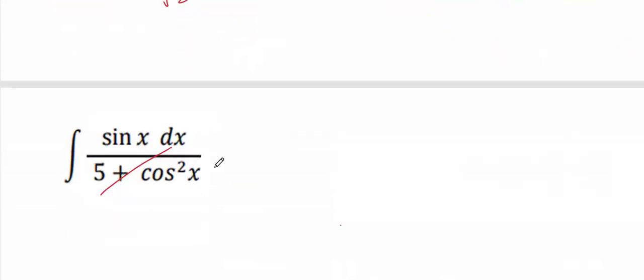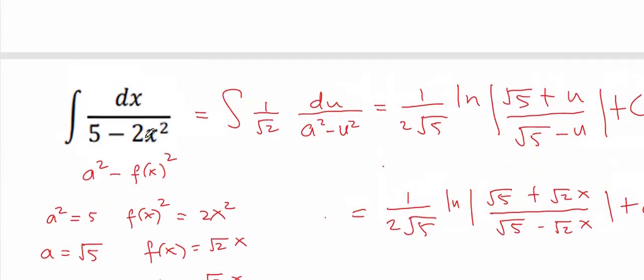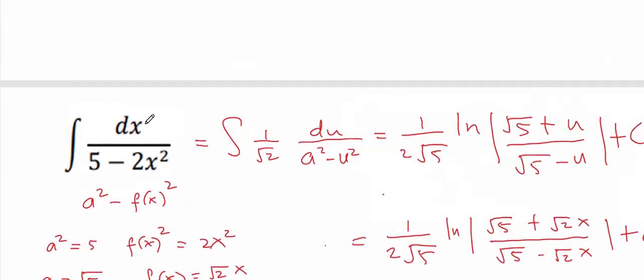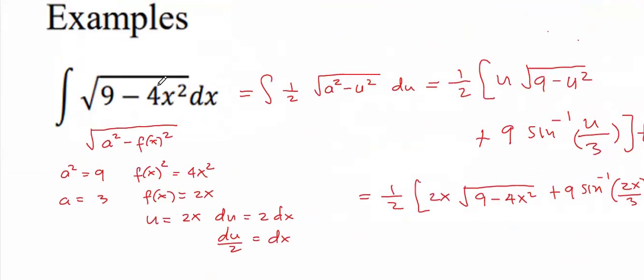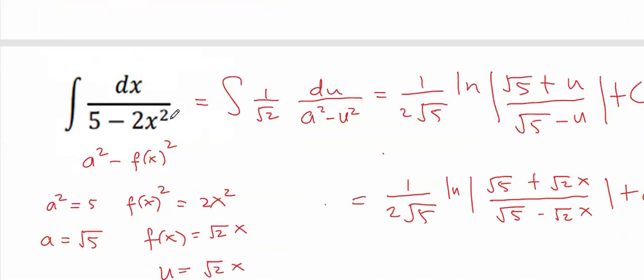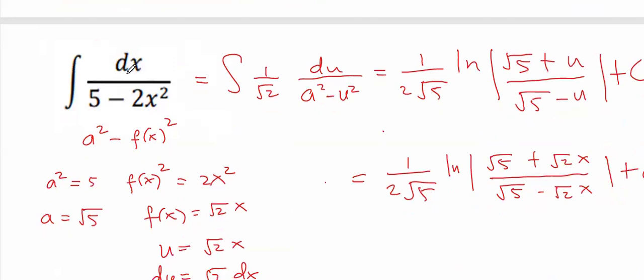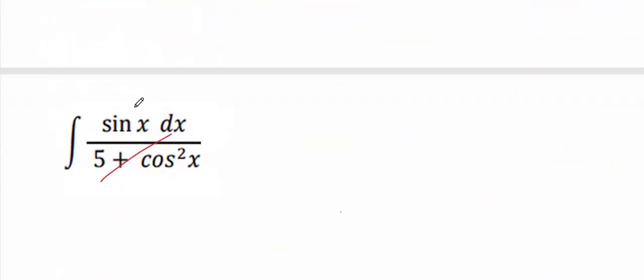Ito, baka naman u raised to 1/2. Kung hindi inverse trigo or secondary formulas, baka naman u to the n. So, kung mag-fail ito, baka u raised to 1/2 lang yan. Pag nag-fail ito, baka naman du over u lang yan.